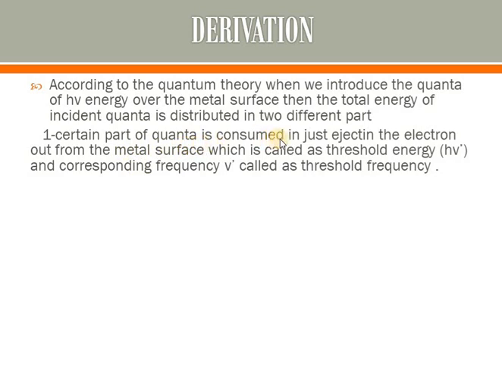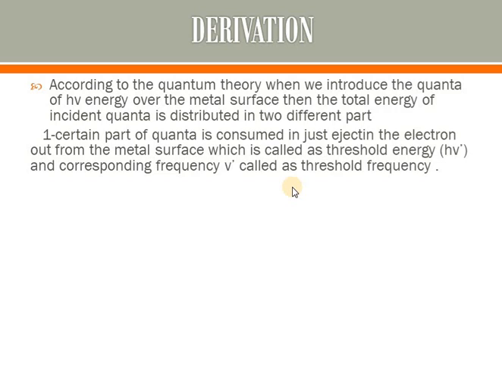A certain part of the quanta is consumed in just ejecting the electron out from the metal surface, which is called threshold energy, hν₀, and the corresponding frequency ν₀ is called the threshold frequency. And this is the limiting frequency or limiting energy.